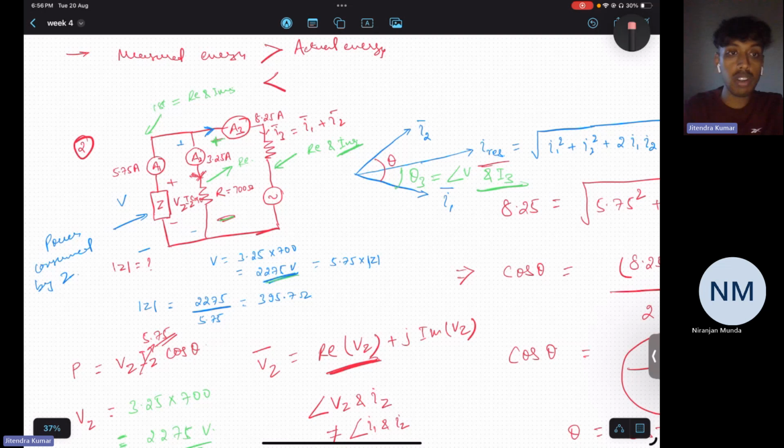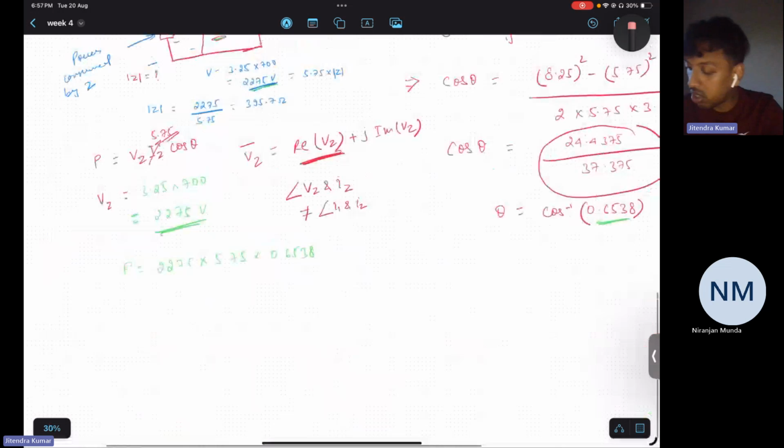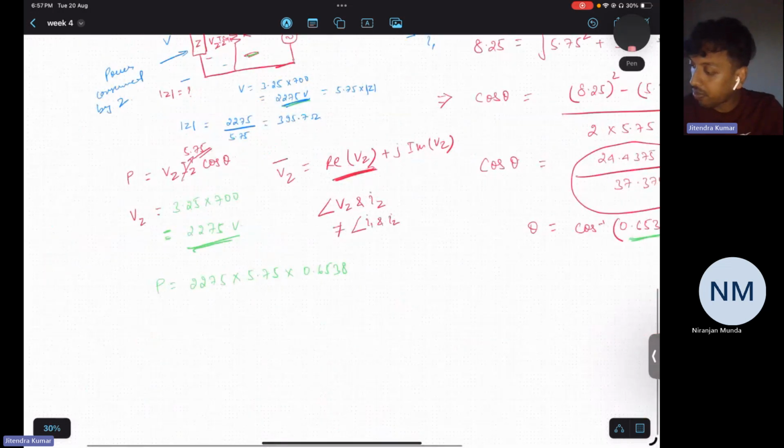Now we need to find out the power factor. Power factor is how much? We need to find out power factor.